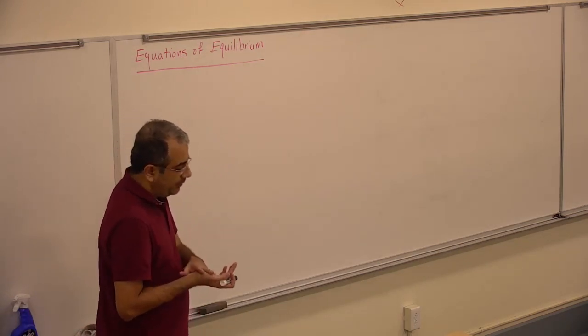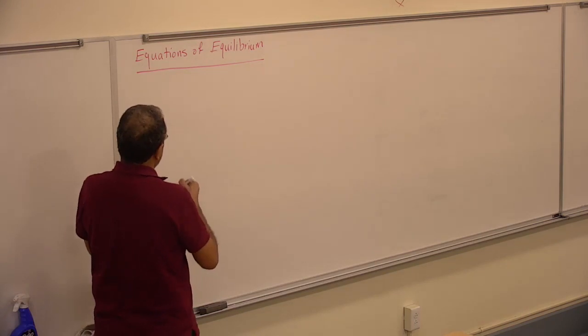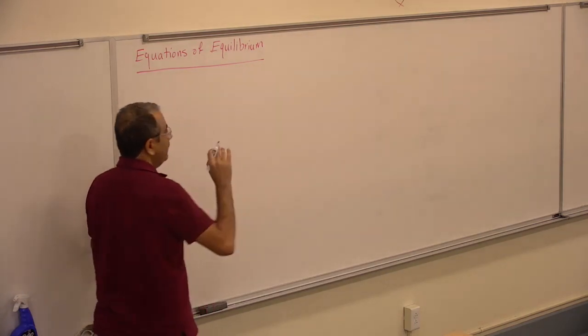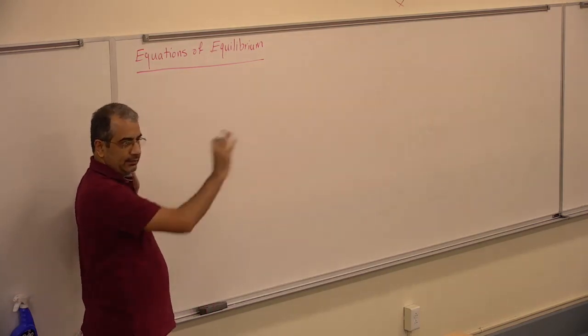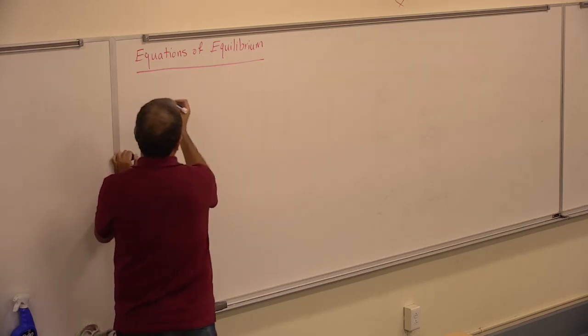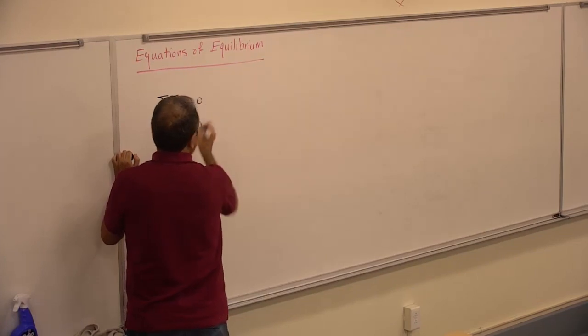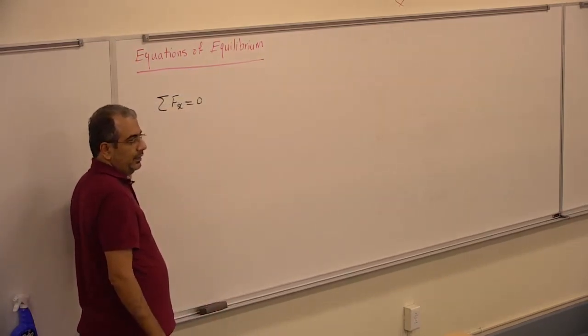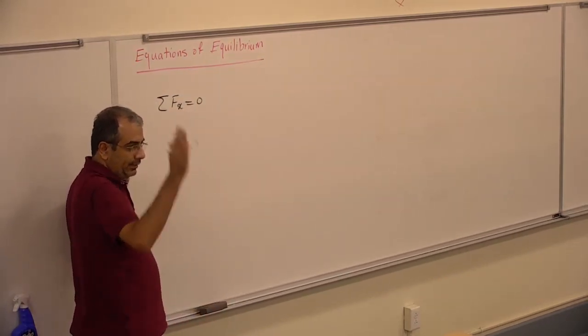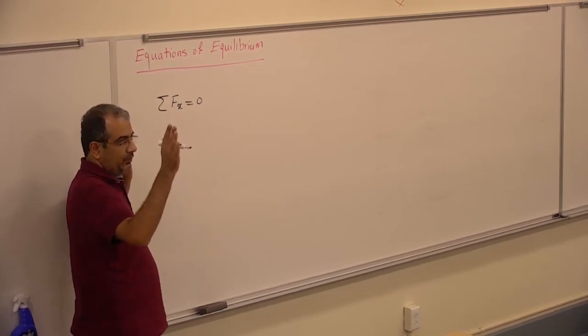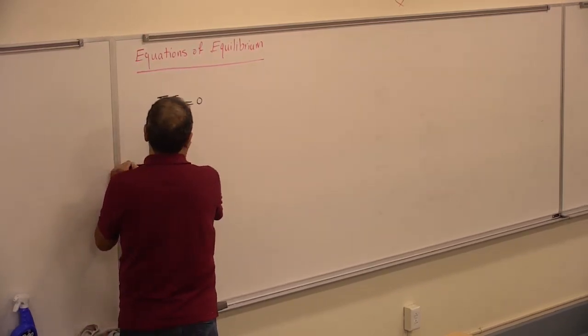The first form that you can write the equation of equilibrium is that I want to make sure it's not going anywhere in the x direction. So sigma Fx should be 0. I want to make sure that it's not going anywhere in the y direction as well. So sigma Fy is 0.